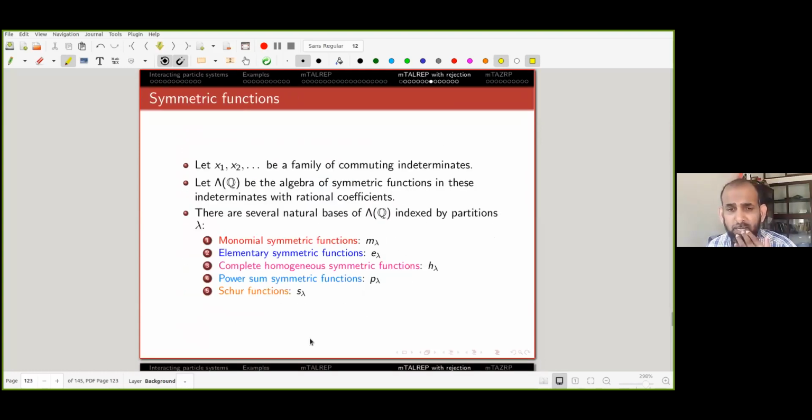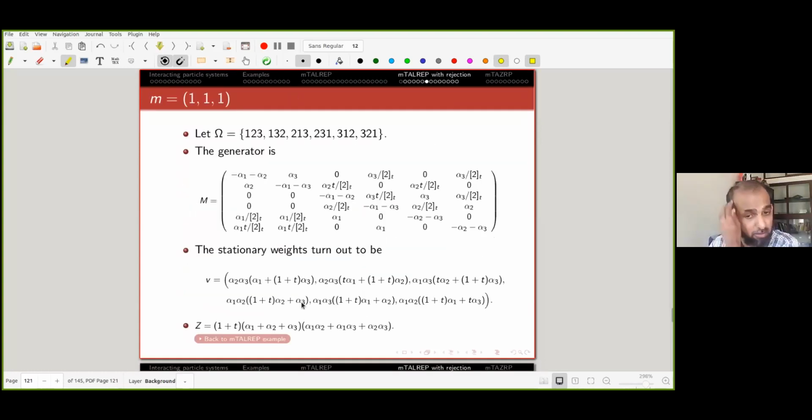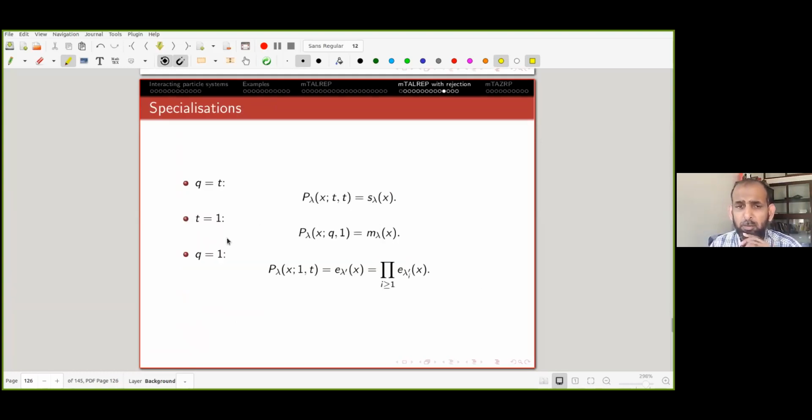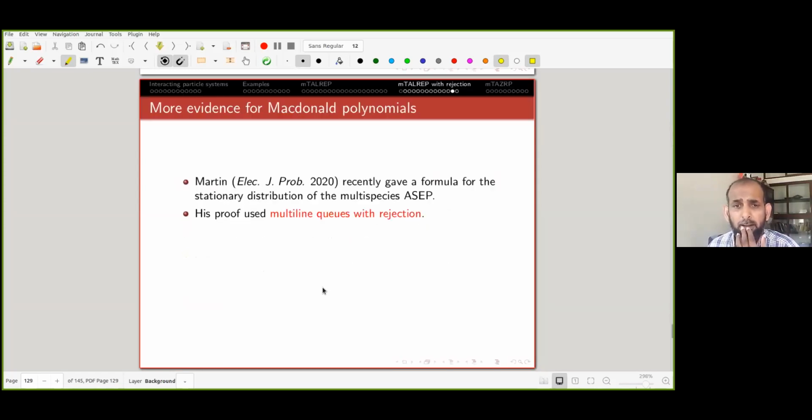So we believe that this is really a version of the Macdonald polynomial with q equal to 1. And that is because the Macdonald polynomials at q equal to 1 specialize to the product of elementary symmetric functions. And there are some more reasons which I'm not getting into for lack of time.